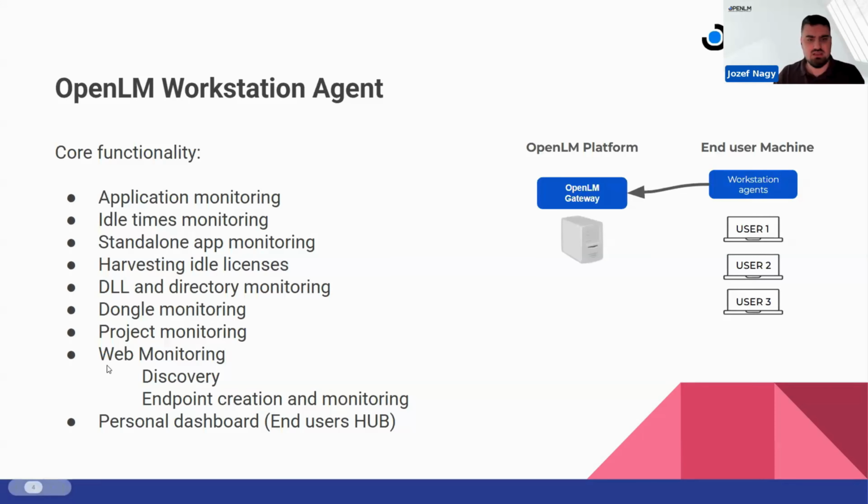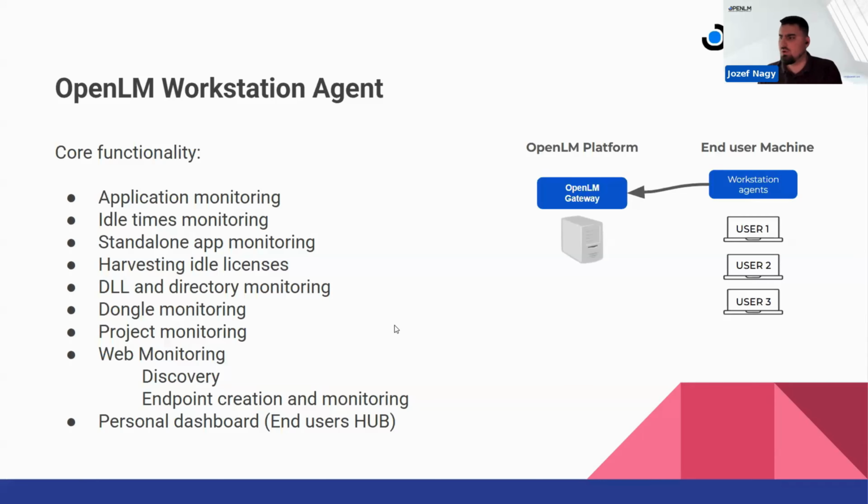Another option that we have in the workstation agent is web monitoring. Basically, we can monitor the web pages which are accessed on that machine. There are a discovery option and the endpoint creation and monitoring. So basically, in the discovery option, the OpenLM agent will monitor which web pages are accessed.